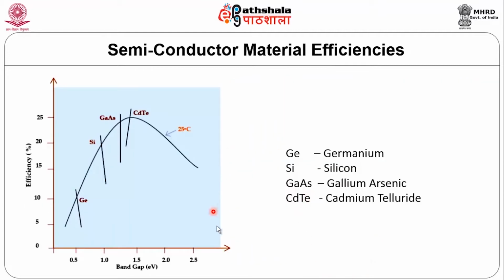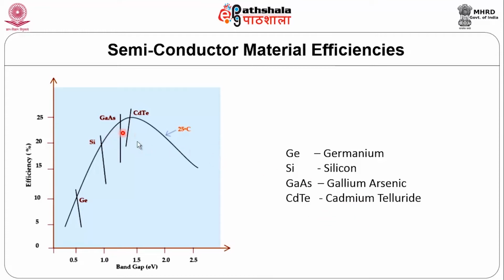And this is about the various semiconductor materials in use in solar photovoltaic technologies. This is the band gap, and this is the efficiency. Here you see various semiconductor materials like Ge, germanium, Si, silicon, GaAs, gallium arsenide, and CdTe, cadmium telluride.